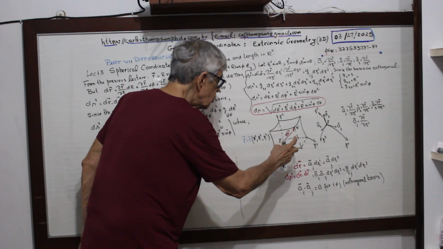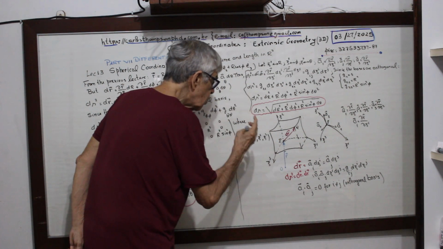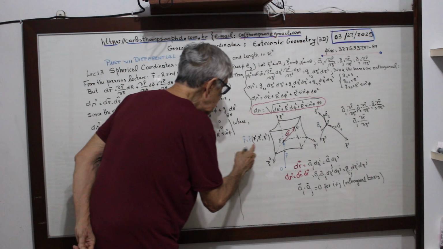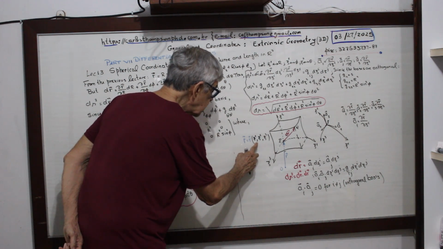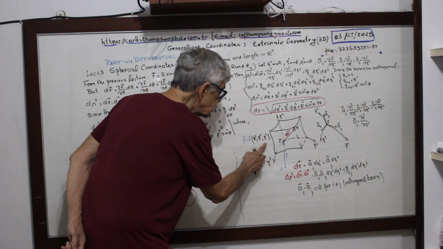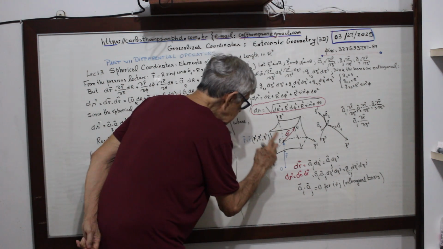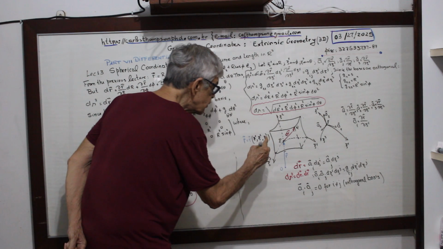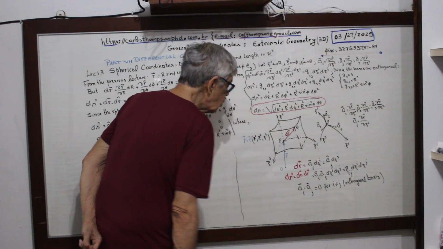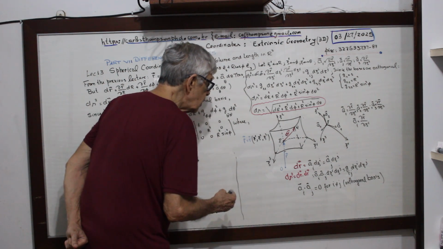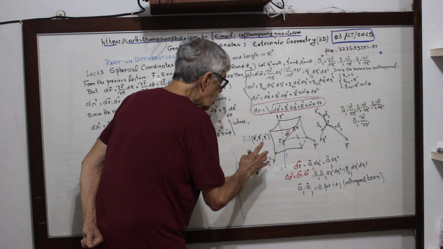This is a point Q. So it's clear that R depends on C1, C2, and C3. You see, in this case, P is the origin of this curvilinear coordinate.